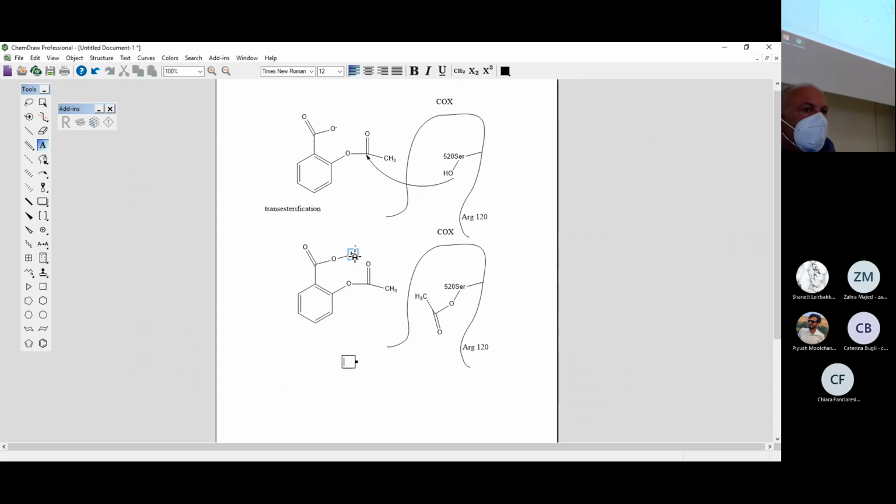There is an acidic proton very close to the oxygen of the ester function, the carbonyl of the ester function.